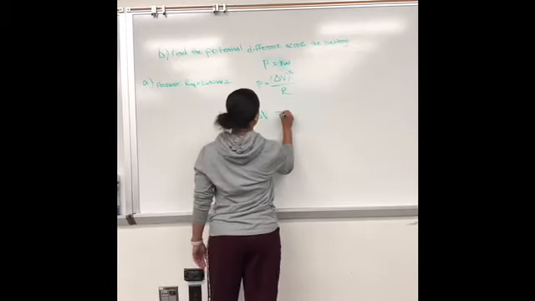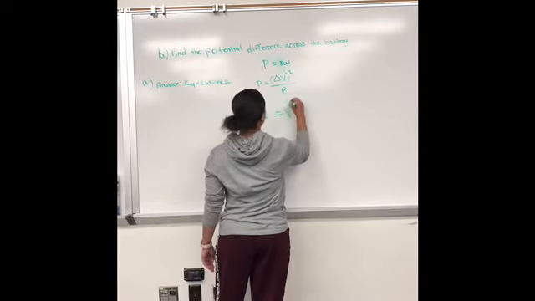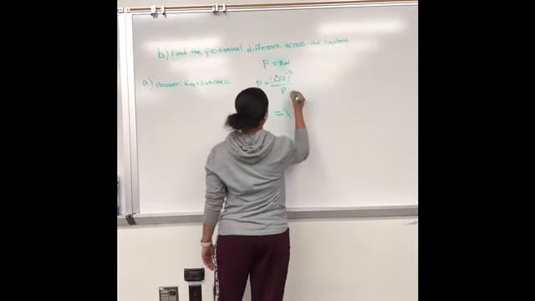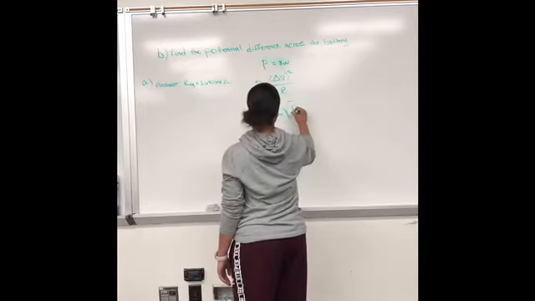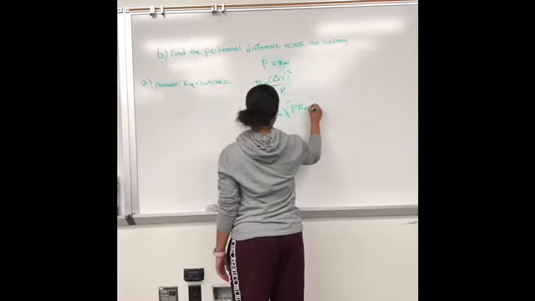Delta V equals the square root, canceling the square, of P times R equivalent.